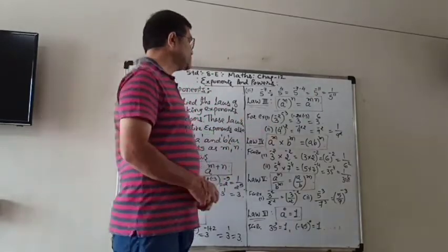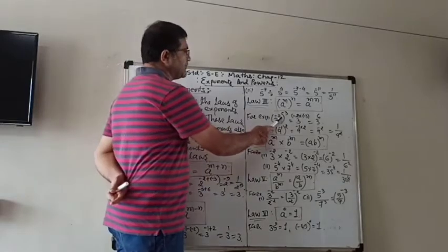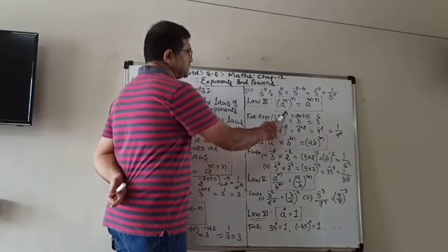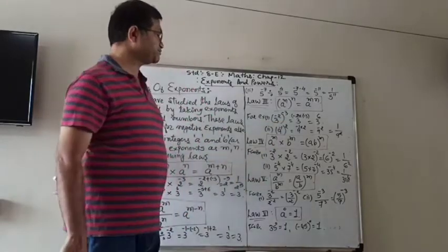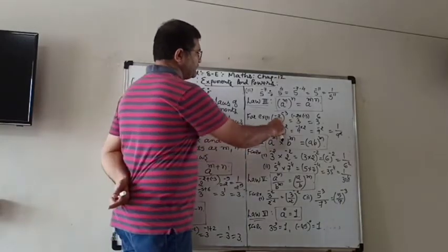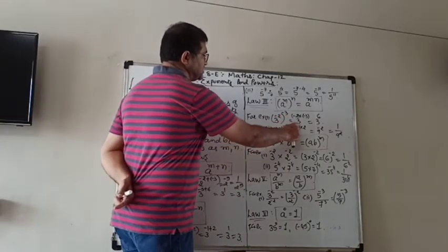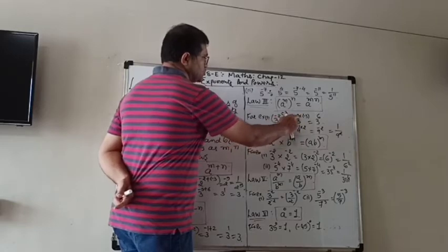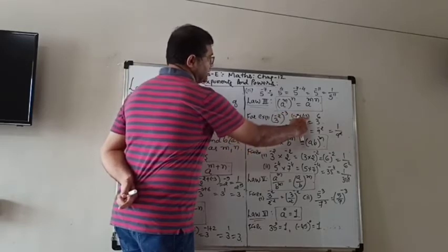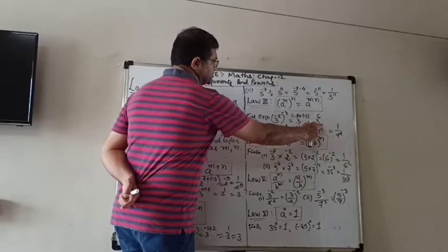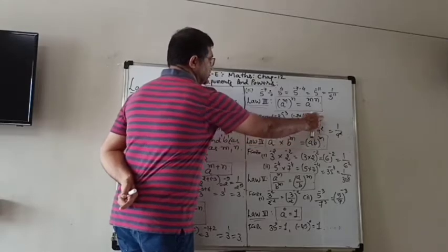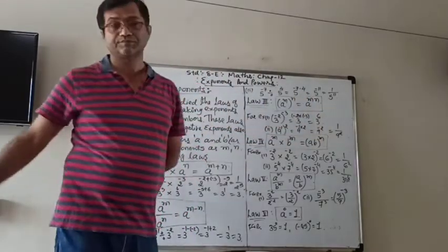For example, 3 raised to power minus 2 and the bracket raised to power minus 3. Then here both the powers are multiplied, means 3 raised to minus 2 multiplied by minus 3. Negative, negative, positive. So it becomes 3 raised to the power 6.